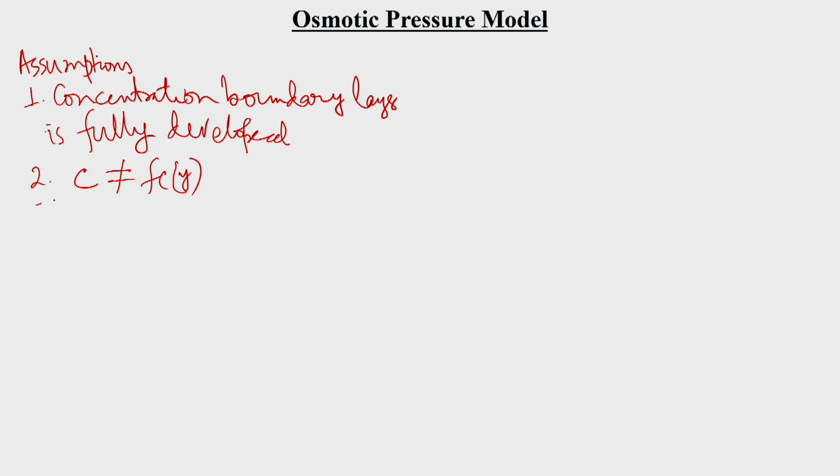We will be discussing what that y axis is. And delta is also not a function of the y direction. Means, say z is the direction in which the fluid is flowing, and y is the radial direction.